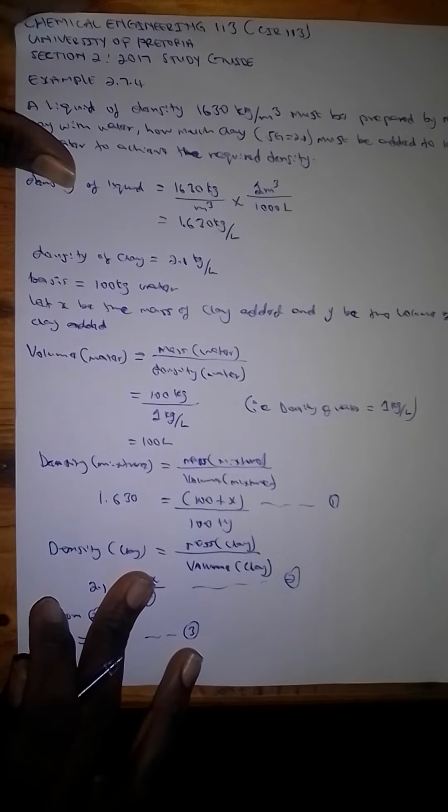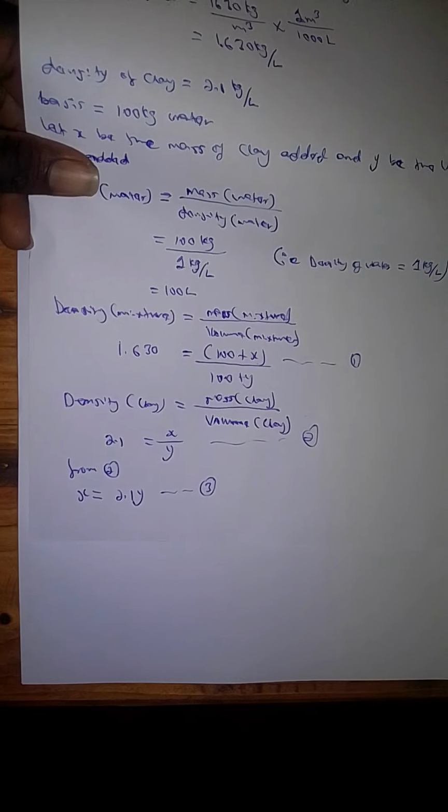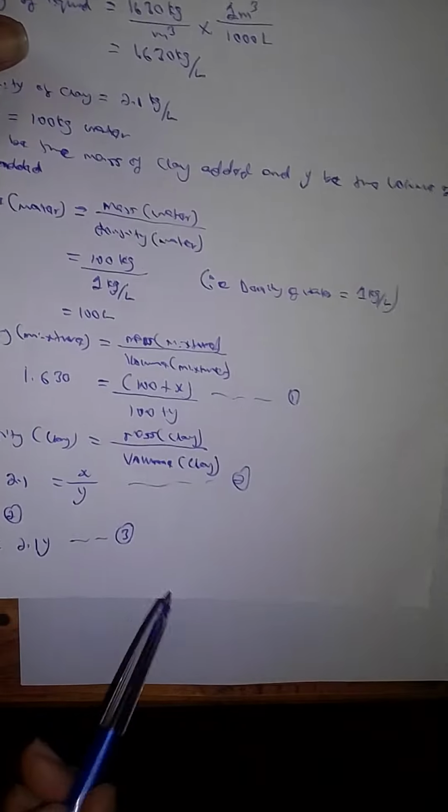Let me put off this page and get a new one. We already know that x is equal to 2.1y, our third equation. As we continue, we substitute 3 in 1, so we're substituting this equation into this equation.